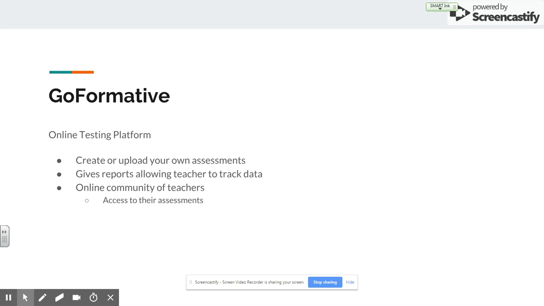GoFormative is very similar to Elluminate in that it allows us to upload our own assessments. It allows us to track data, but it also adds the extra benefit of having an online community of teachers available, right, where we have access to their assessments as well.